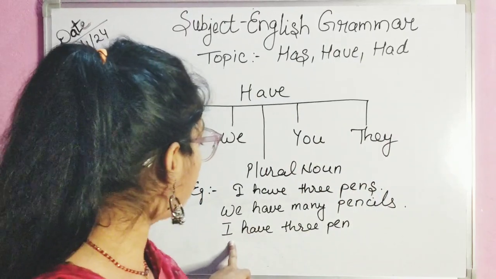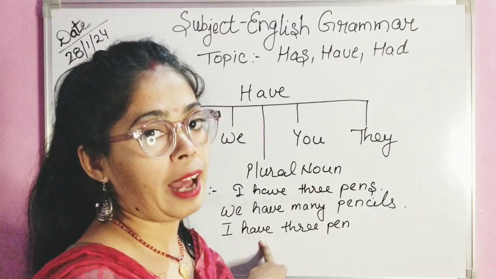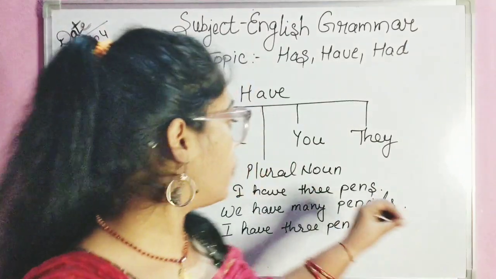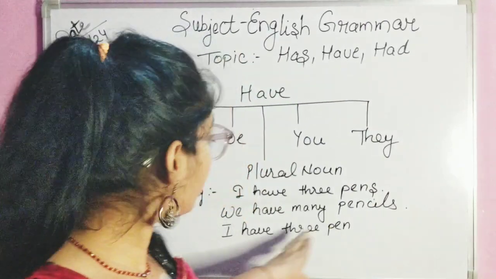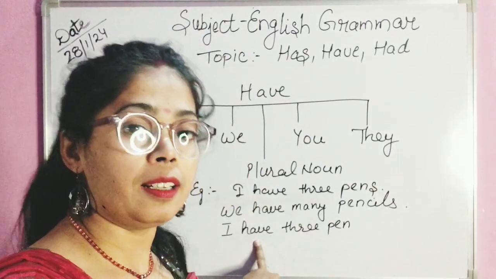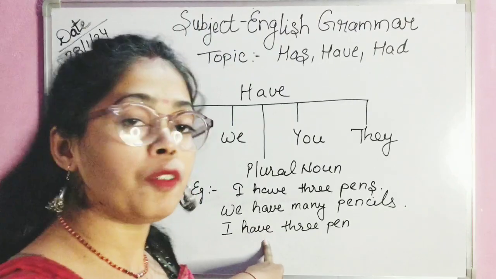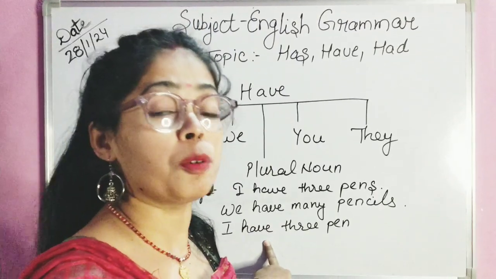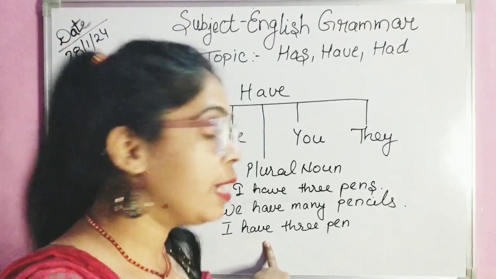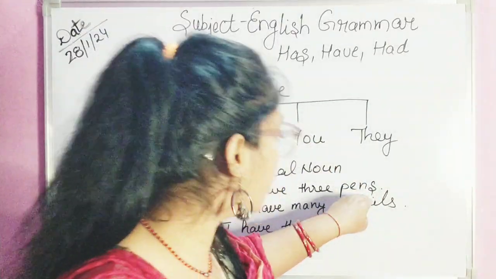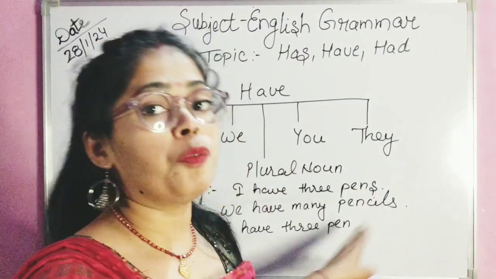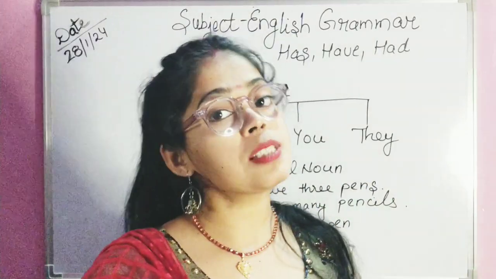But then also with I we use have. It hardly matters whether it is pens here or pen here. You have to use have only. With I we always use have because it is a possession, it is a belonging.